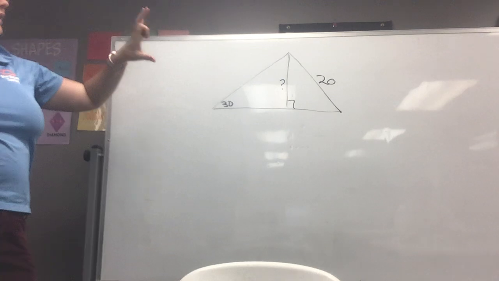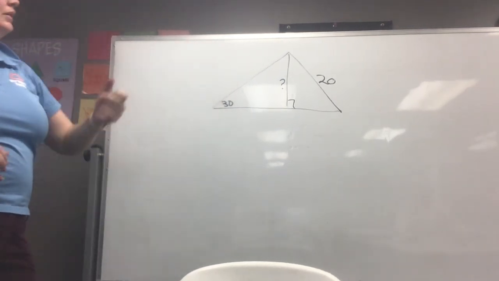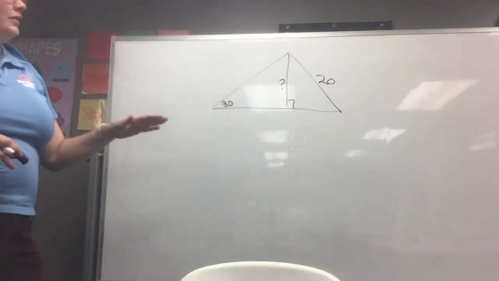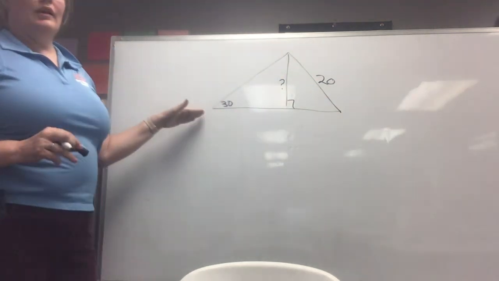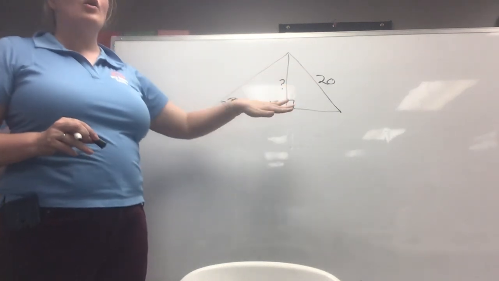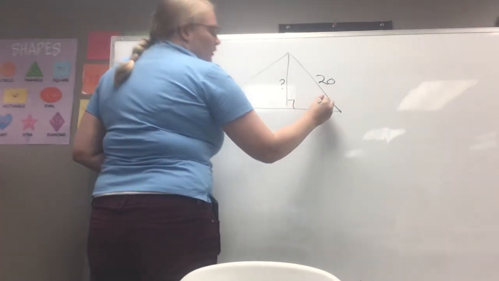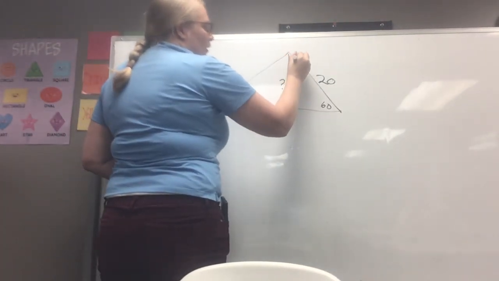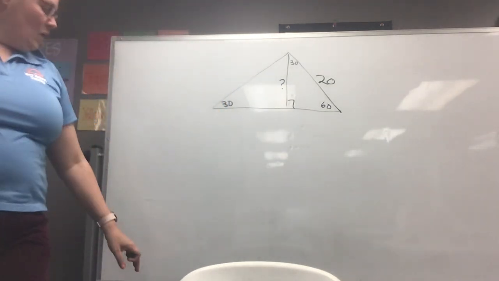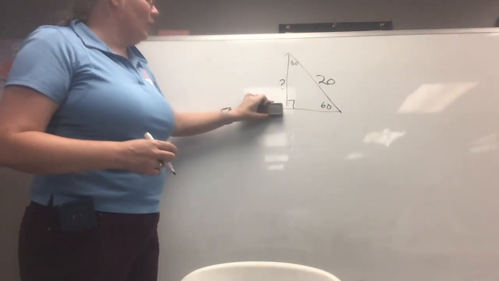Because it is a right triangle, and because we have this setup here, understand that the large triangle is 30, 60, 90, and the two smaller triangles inside are also 30, 60, 90 triangles. And so this is 60 degrees, this is 30 degrees, that's 90 degrees.